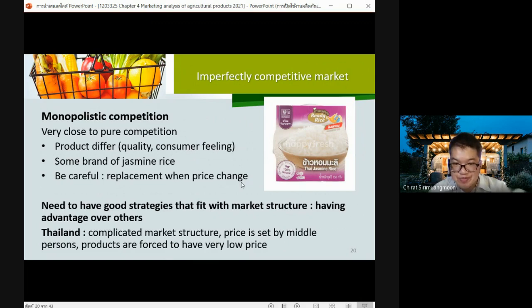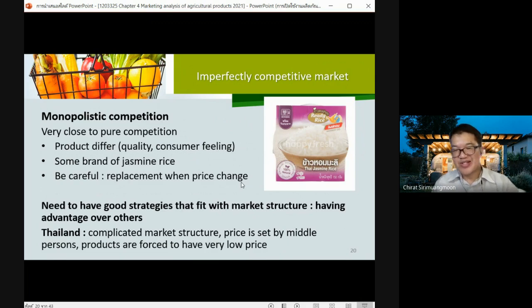And also, marketers need to be concerned and careful about replacement when the price changes. Even if you can make something different or create some differentiation in your product, if the competitors can have almost the same quality but reduce their price, this is the problem.